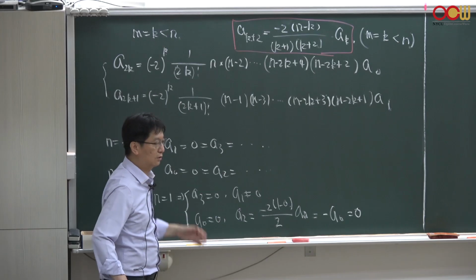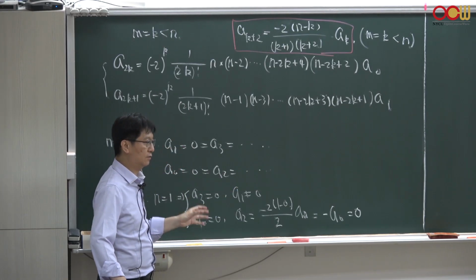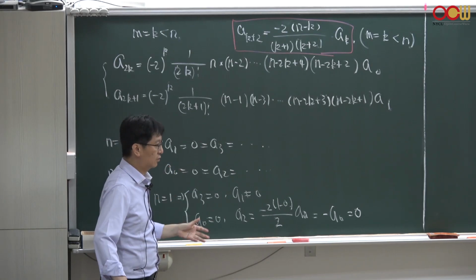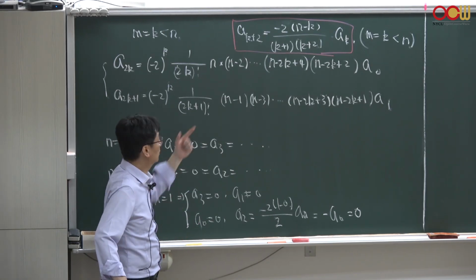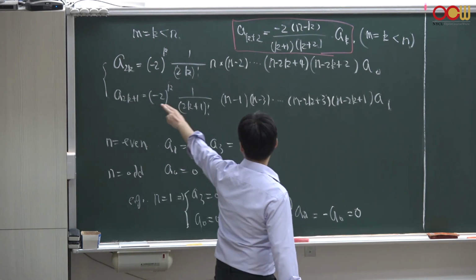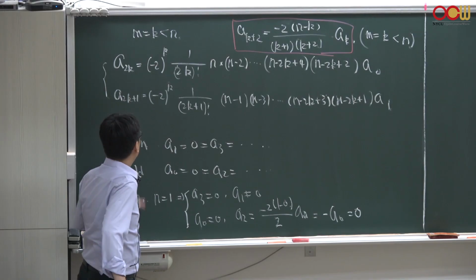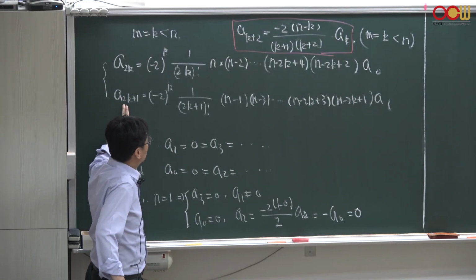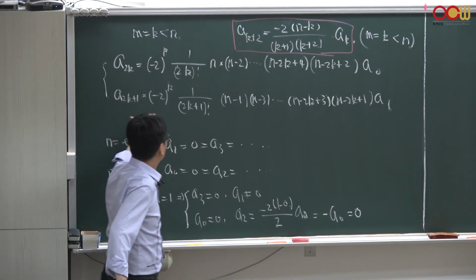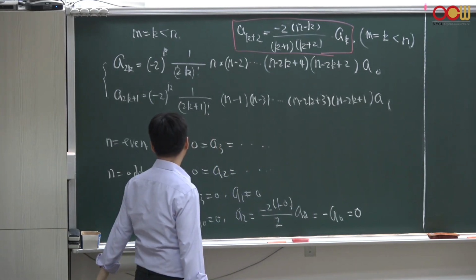So you actually go backwards from the final term that survives, and use the recursive relation to go backwards to find this coefficient.